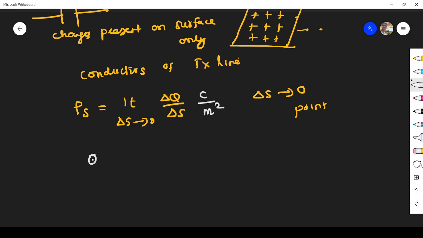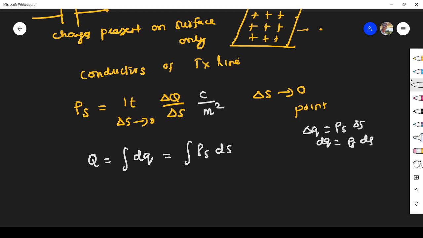Then we can find what is the total charge. Total charge is given by the charge in the smallest area, that is given by rho S ds. Why? Because from this equation, you see this del S comes here, which means del Q is equal to rho S del S. dq is equal to rho S ds, very small. Right? Now we know what is the electric field due to surface charge.